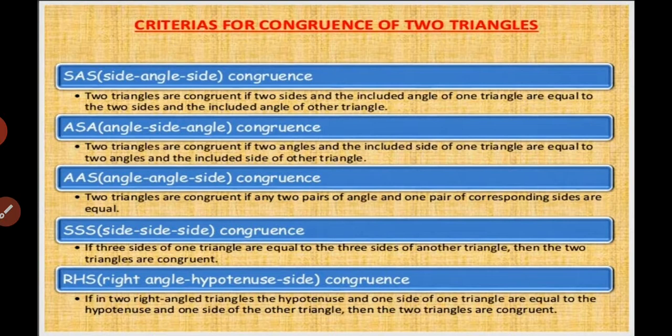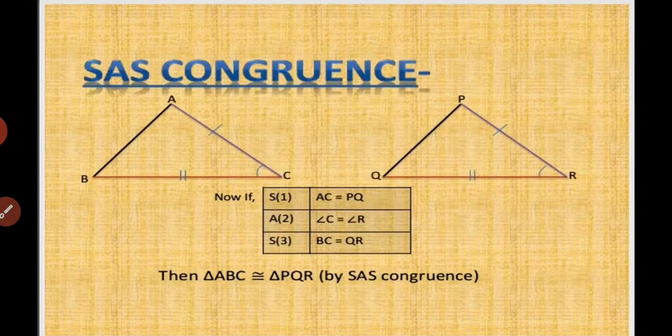Last one is RHS, right angle hypotenuse side congruence. If in two right angle triangles the hypotenuse and one side of one triangle are equal to the hypotenuse and one side of the other triangle, then the two triangles are congruent.